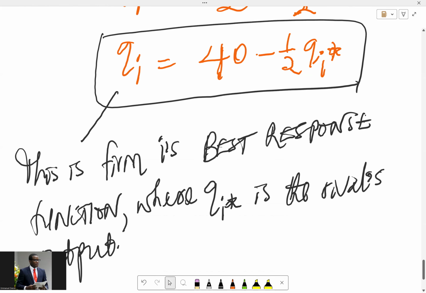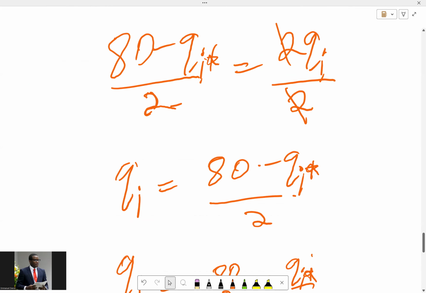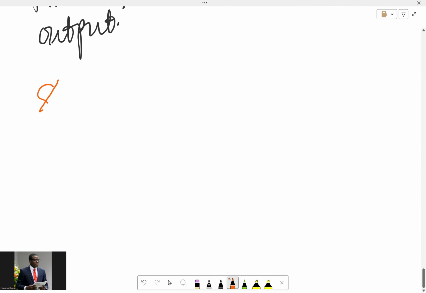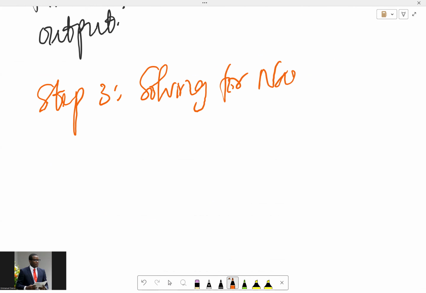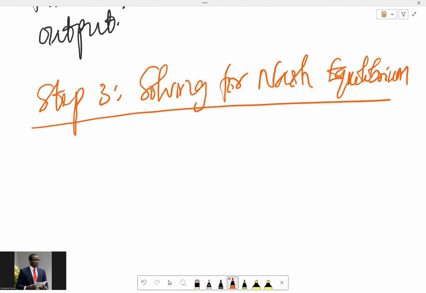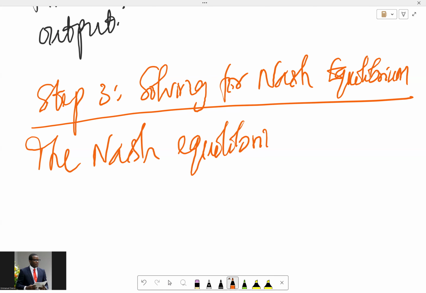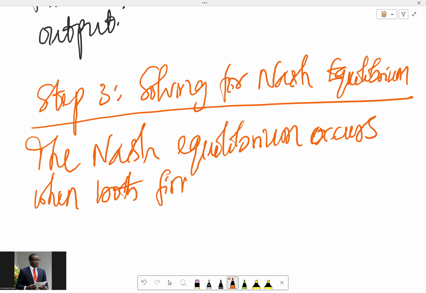Okay. So step 3, we go for the Nash equilibrium, solving for Nash equilibrium. Of course, it's a game and we need to find the Nash equilibrium. Here, the Nash equilibrium occurs when both firms play their best responses.